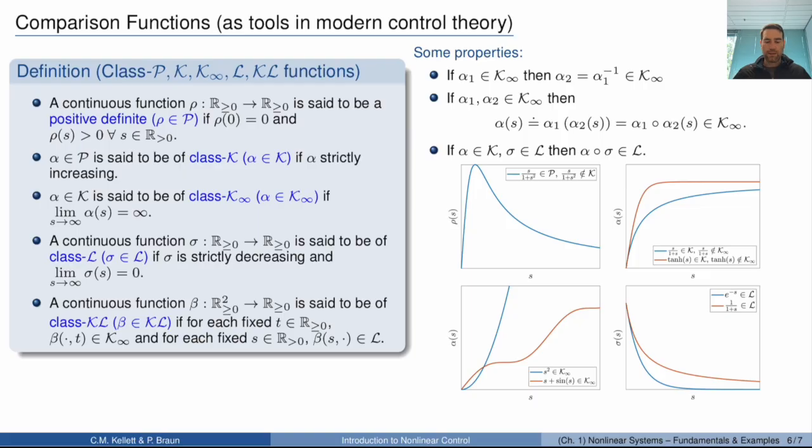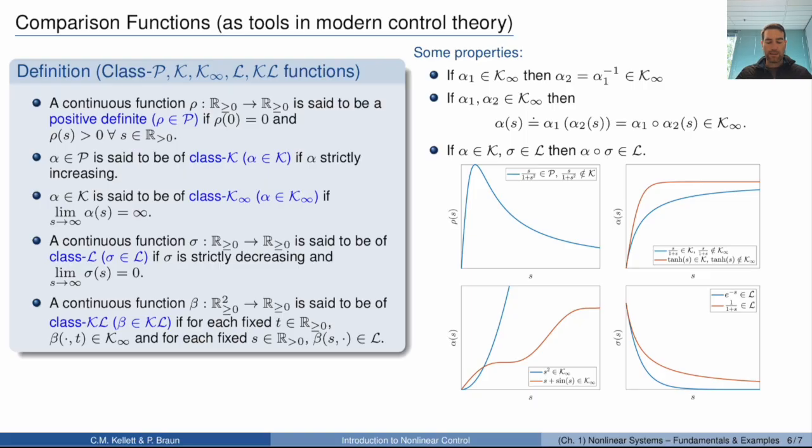Another important slide with terminology I want to go through is shown here, showing different classes of functions which have become quite popular and are used quite often in proof techniques and in presentations of proofs in papers in the context of nonlinear control.